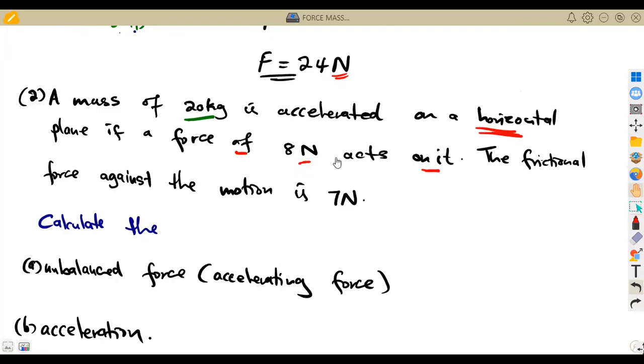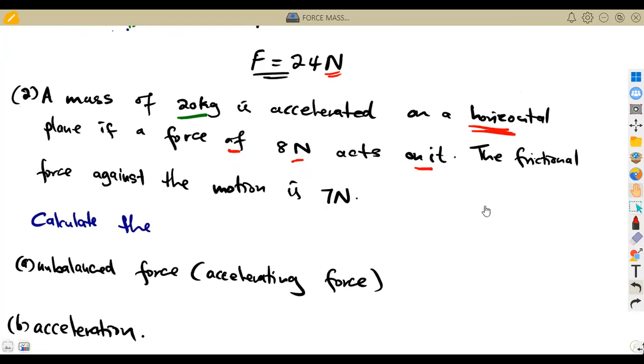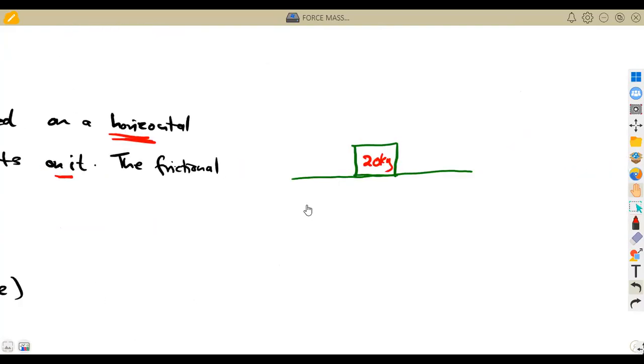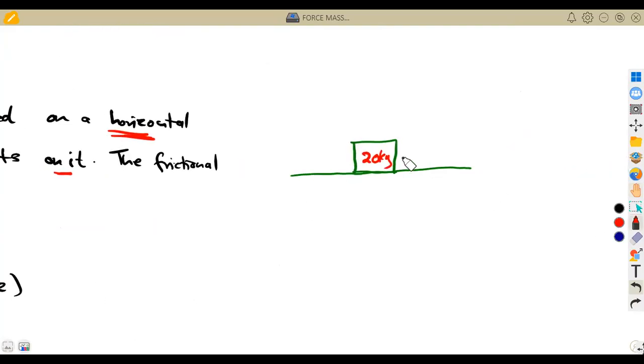If a force of 8 Newton acts on the body, this is the force acting on the body. So meaning to say we are given the force that is our F in this case, our applied force, the force that is acting on our body. That is the one that we are given of 8 Newton.